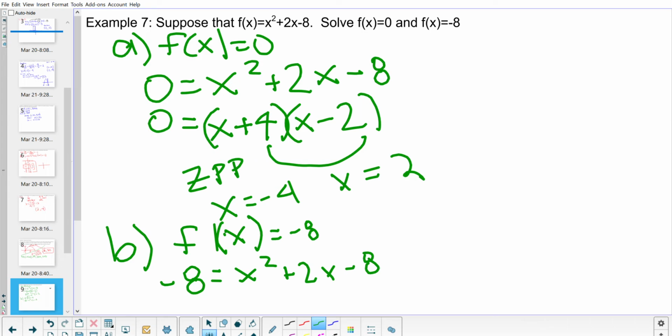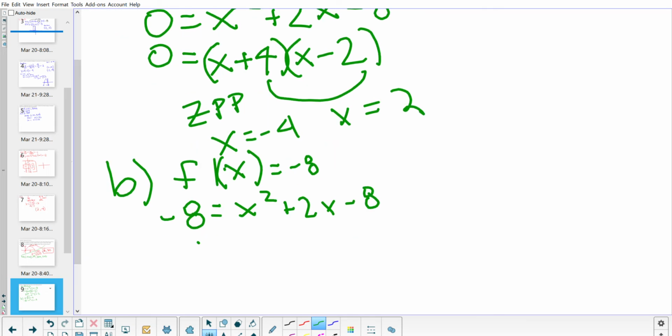So you're going to add 8 to both sides. When you do that, you end up just getting 0 plus x squared plus 2x. Okay, and then when you just have the quadratic and the linear term, you can factor with a GCF.